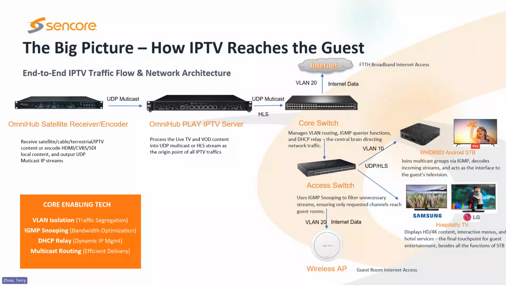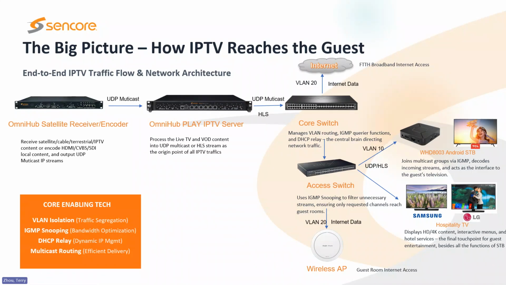Or sometimes they can use a satellite receiver with HDMI output or any other output. Then we can use an encoder to achieve the encoding and convert to UDP multicast. So this is the content source part for live channels.